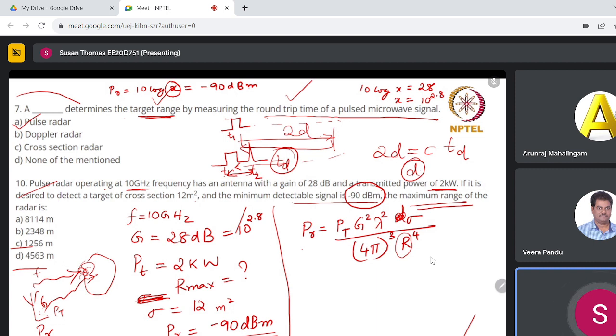So let me take it. x is equal to, 90 and 10 will cancel out, so x is equal to 10 power minus 9 milliwatts. I hope this is clear. Any doubts, please ask. So I can write PR as 10 power minus 9 milliwatts. Now the step is just to substitute everything and find out what R is.